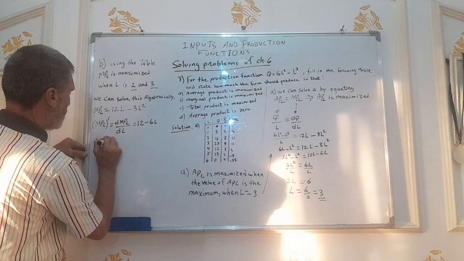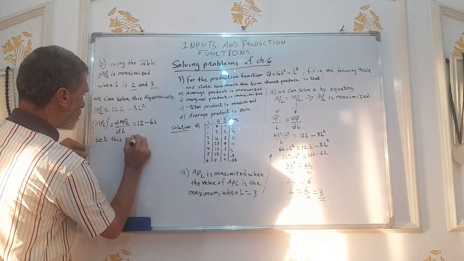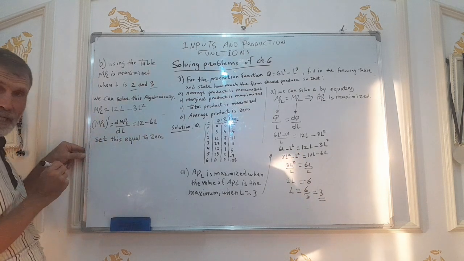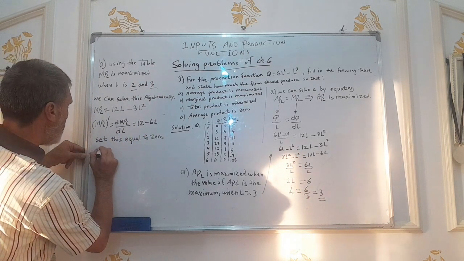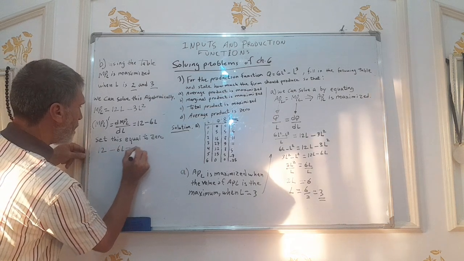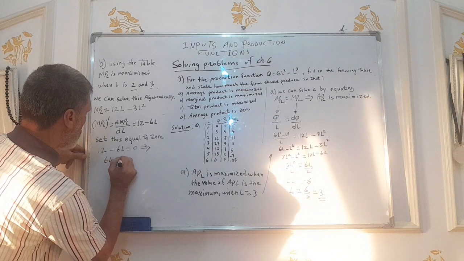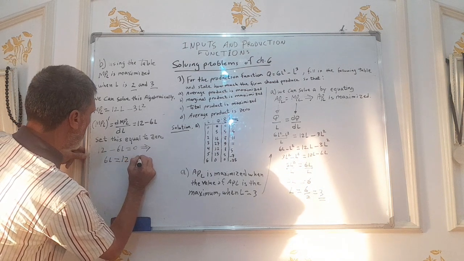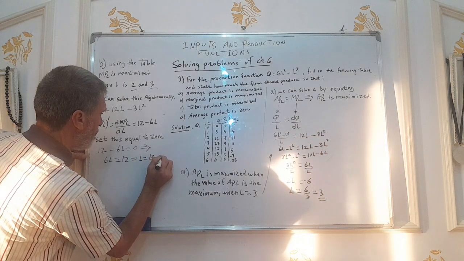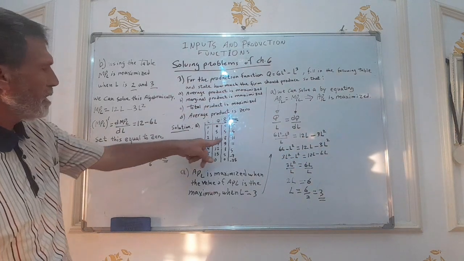Set this equal to 0 to find the critical values. So 12 minus 6L equals 0, which implies 6L equals 12, which implies L equals 12 over 6, which equals 2.